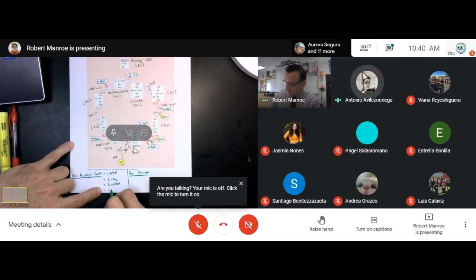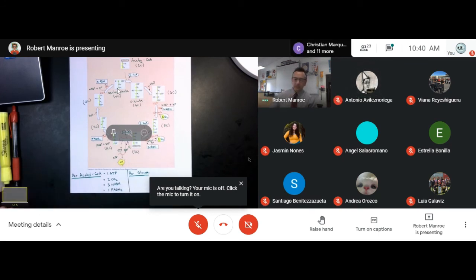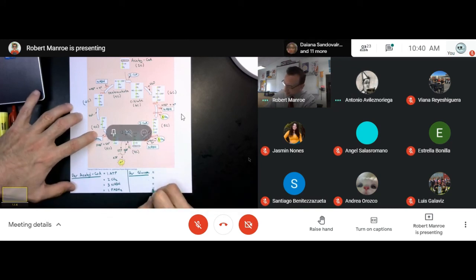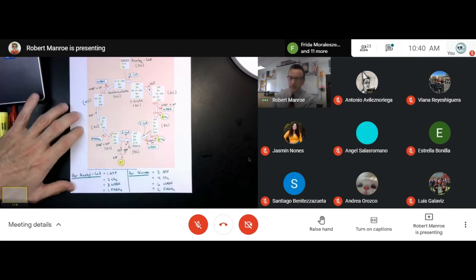And 1 FADH2. Per glucose, what do we do to these numbers? Double them. I'll put them in the same order. Boom.